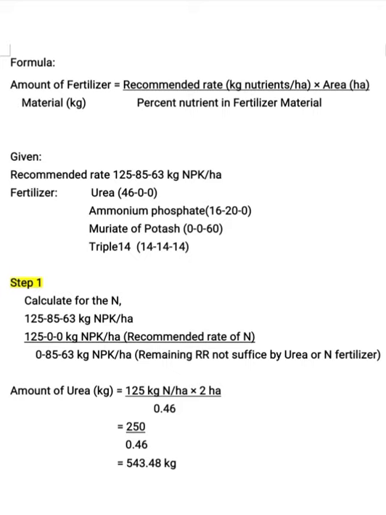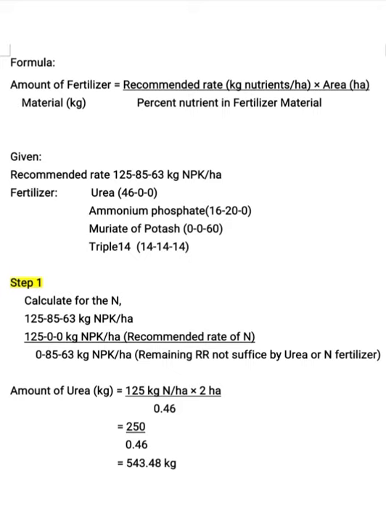Amount of fertilizer to suffice the recommended rate of 125, 85, 63 NPK per hectare. Step 1. Calculate for the N. I use single element fertilizer computation, so I have the recommended rate of 125, 85, 63 kg NPK per hectare. First, determine the amount of urea that will be used in the field to meet the 125 kg nitrogen per hectare.